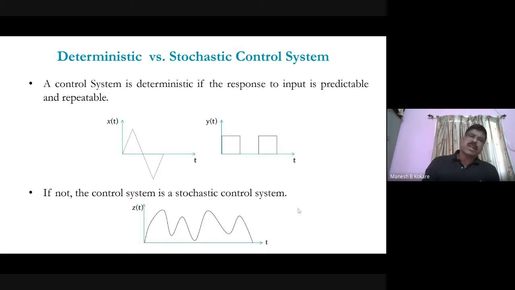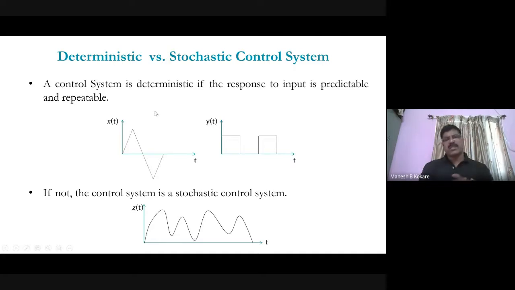Now the last type of control system is the deterministic control system and the stochastic control system. A control system is deterministic if the response to the input is predictable and repeatable. Basically you have the mathematical model of that system.